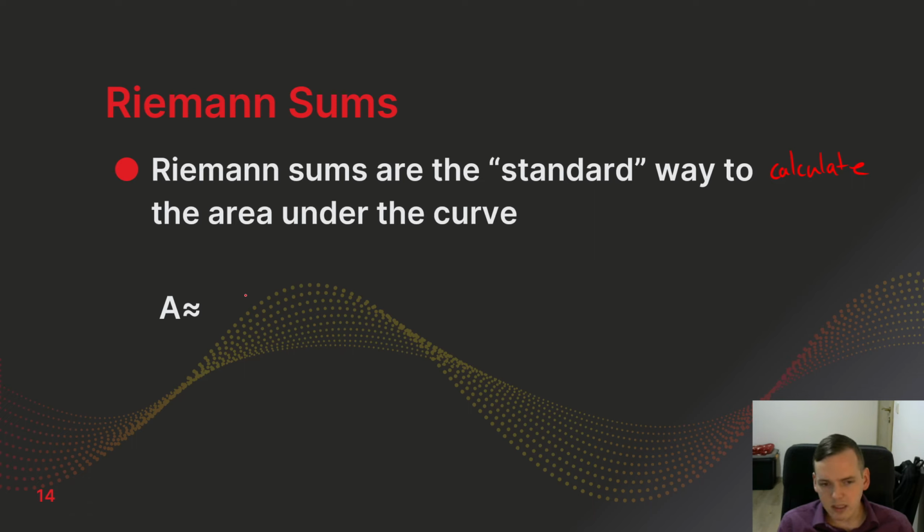And we write this as the sum from i equals 1 to some number, depending on how many rectangles we want to use, of f of x_i times delta x_i. So in other words, as we go through, we're going to take the height of some rectangle and multiply by the width, or that delta x of some rectangle.